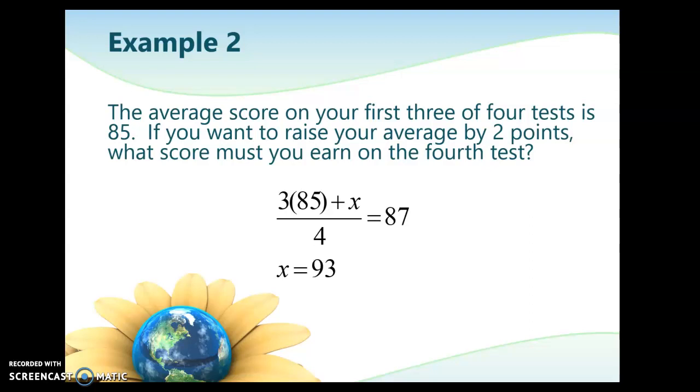And the student would need to score a 93 on that 4th exam in order to bring the average up to 87. Now you can check that, because if you take 3 times 85 and you add 93, that's a total of 348. If you divide that by 4, because the student will have taken 4 tests, that's an average of 87.